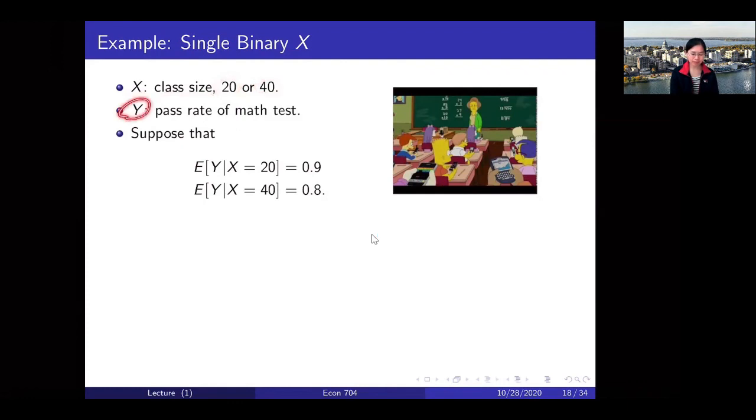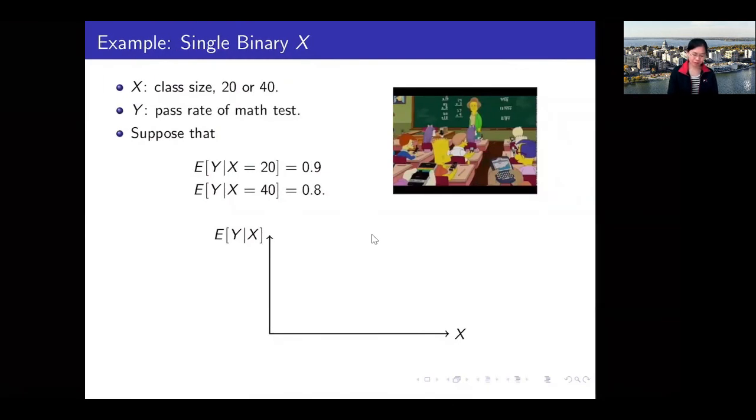And let y be the pass rate of math test. Suppose that for students in classes of size 20, the pass rate is 90%, and for students in class size of 40, the pass rate is 80%. So E[Y given x equals 20] is 0.9, E[Y given x equals 40] is 0.8.